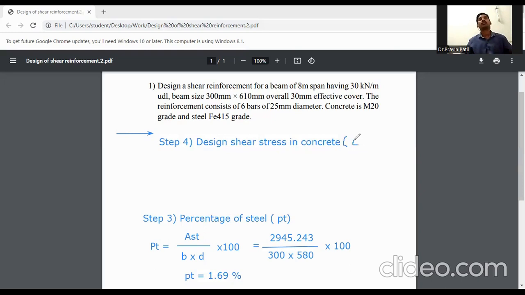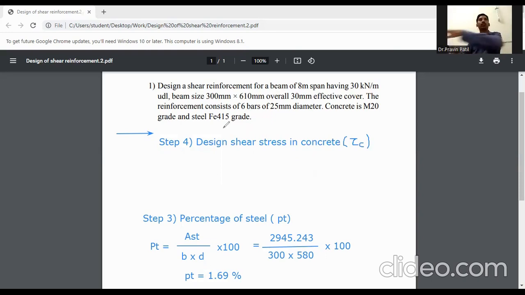This value we will take from the IS code. Actually, this value depends upon the grade of concrete and percentage of steel. So this value is given in IS 456, page number 73.